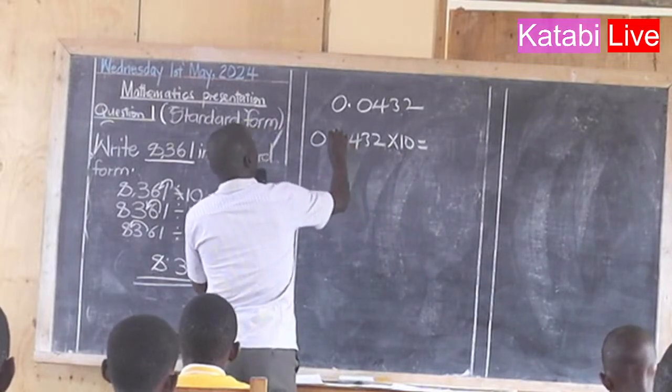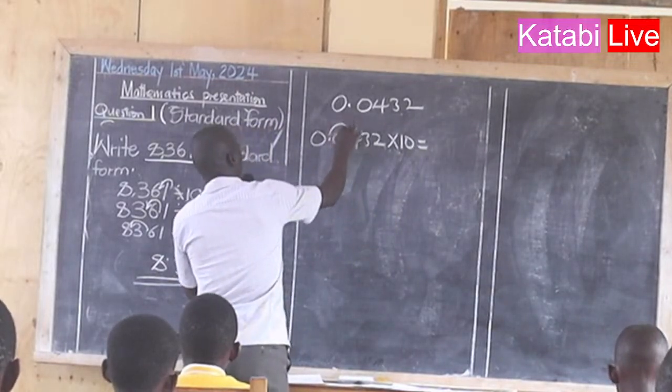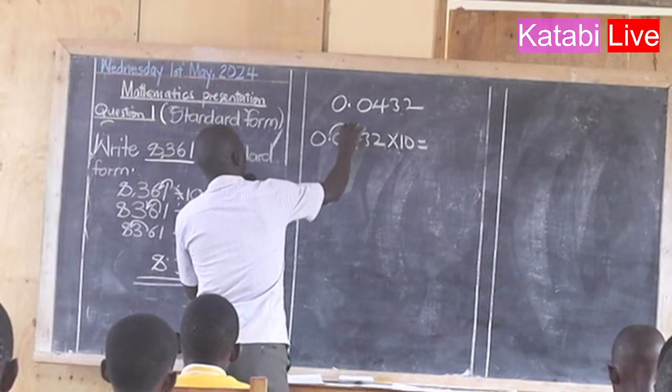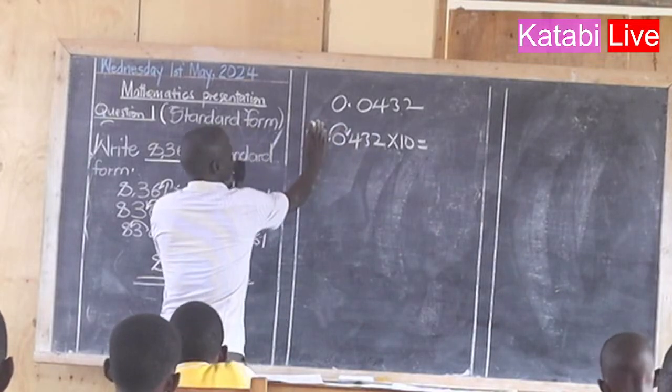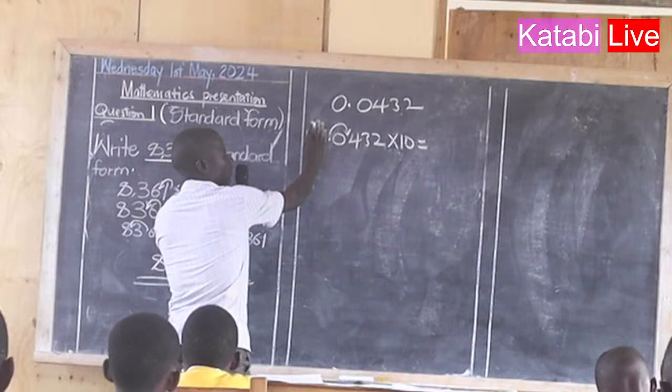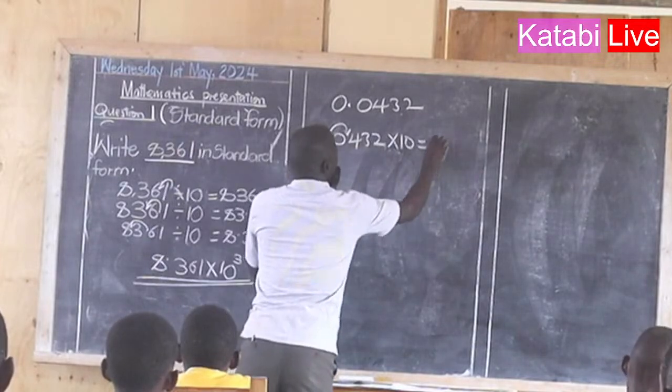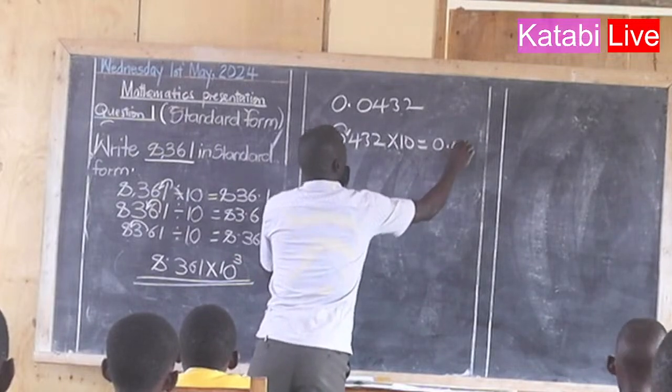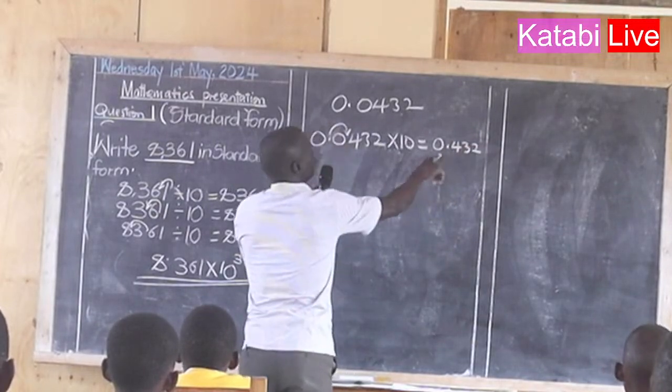This 10 will displace the decimal point to where? Do you get me clear? Yes. Now, what will my answer be? 0.432. Is this a counting number?